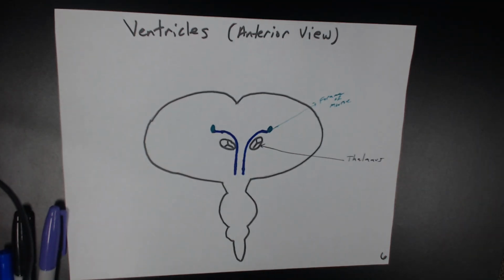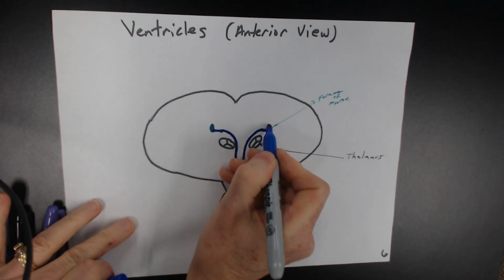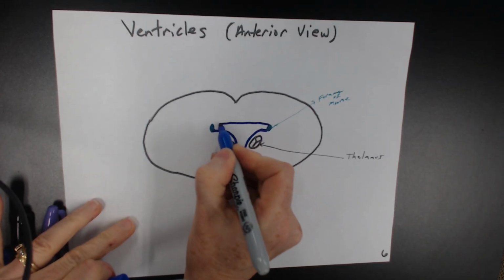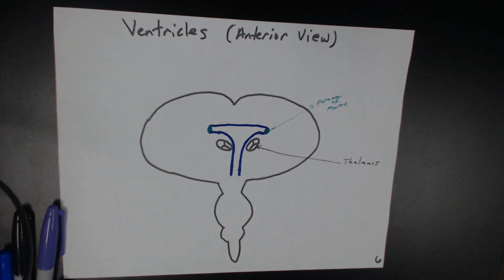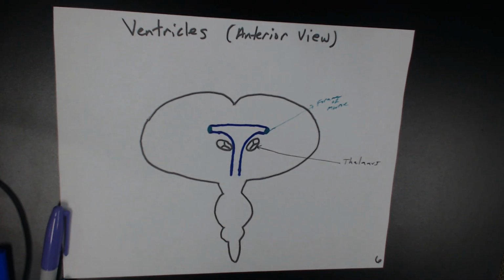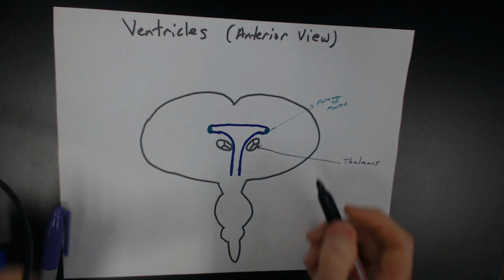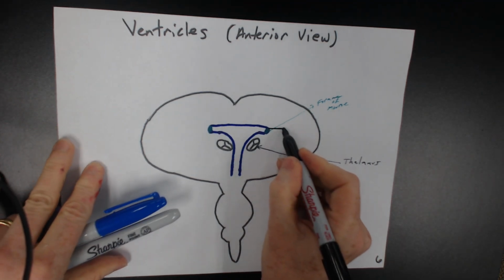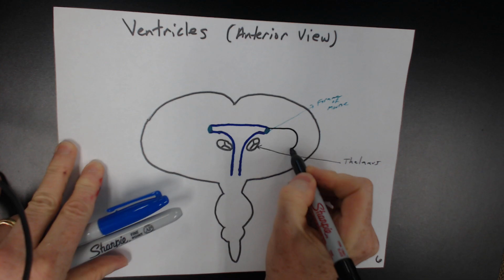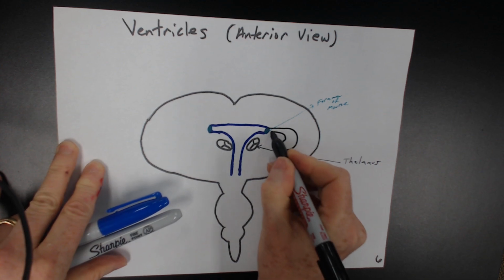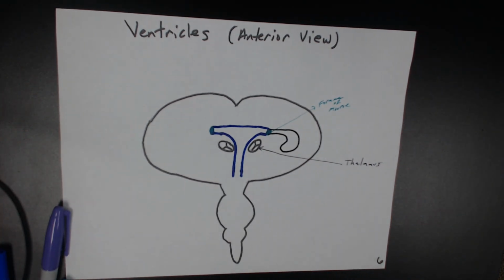All right. So, leading off the top, the third ventricle is just here, like that. Okay. And the only thing you're going to see here with the lateral ventricle is it just looks like a little horn. So just coming off the third ventricle through the foramen of Monro, you're going to get a little horn. Okay.